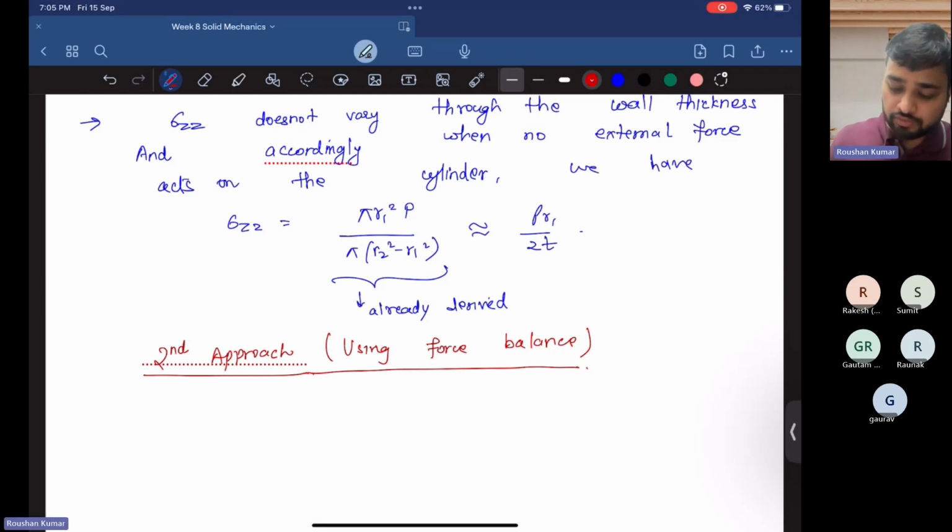So first of all, force balance along the z direction. I'm drawing the figure again.